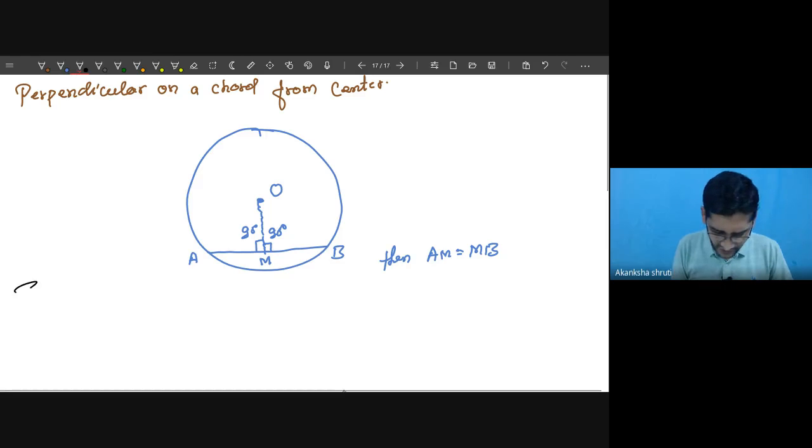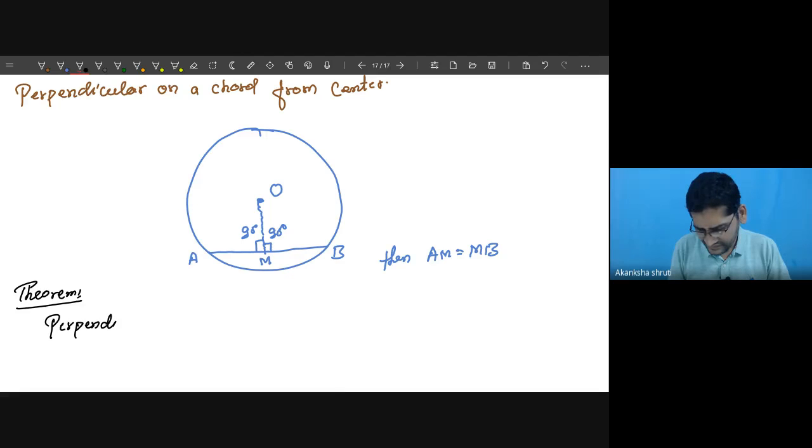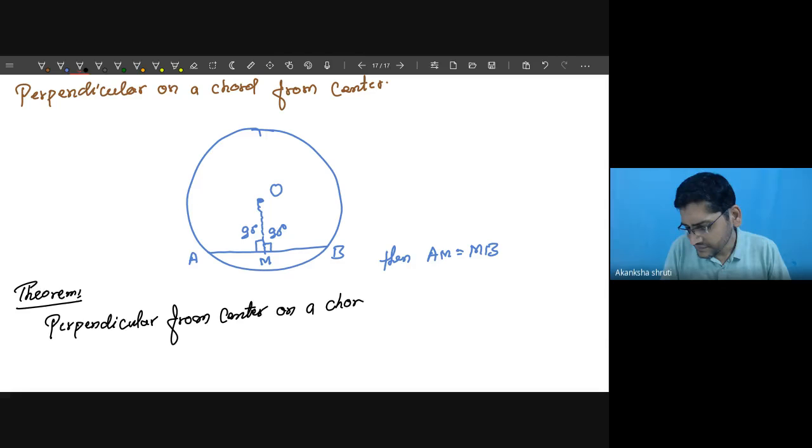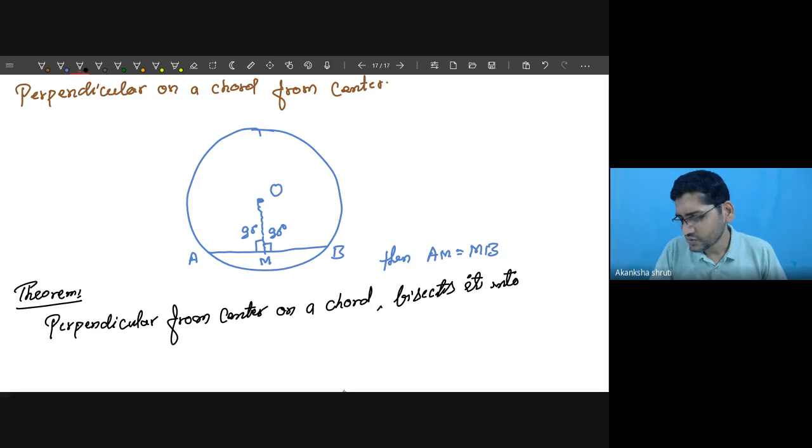So write down the theorem. It is in the form of a theorem. So student, the theorem is like this: perpendicular from center on a chord bisects it into two equal parts, or divides it into two equal parts.